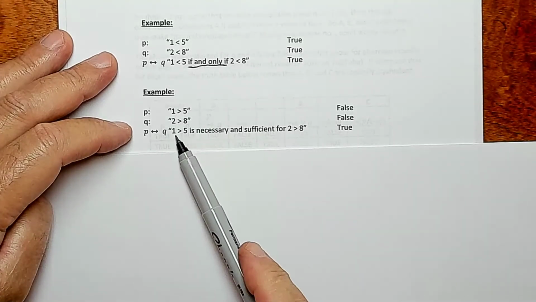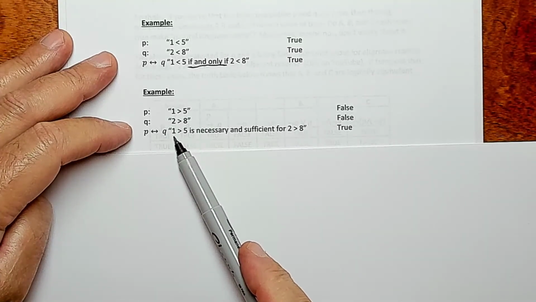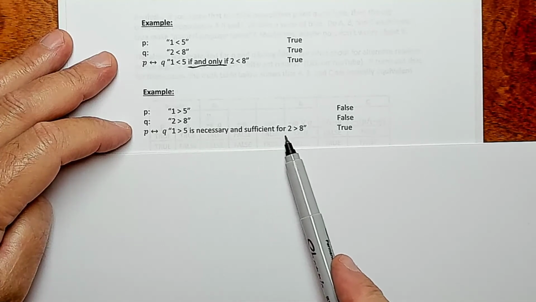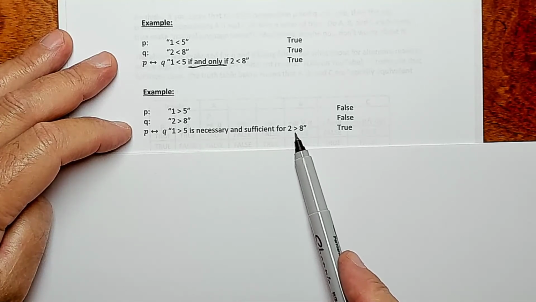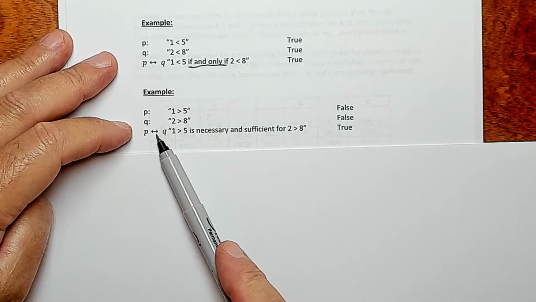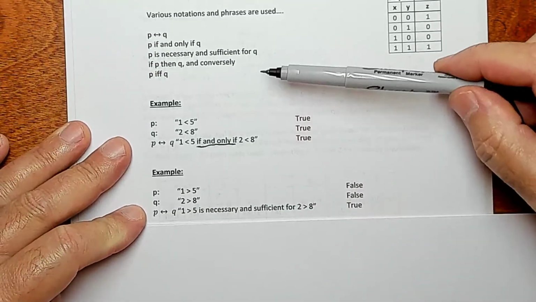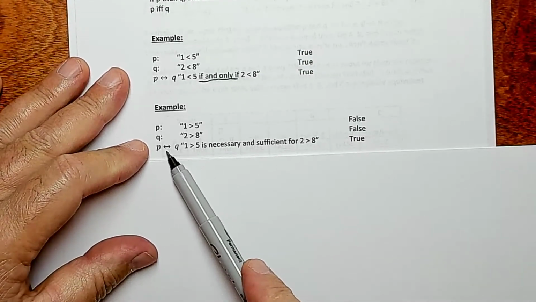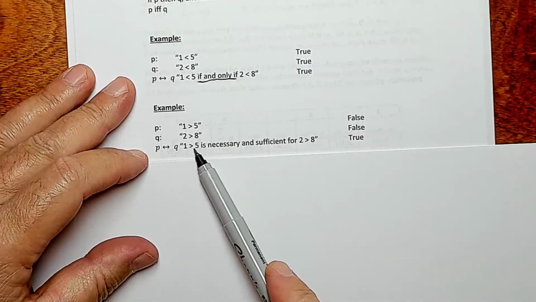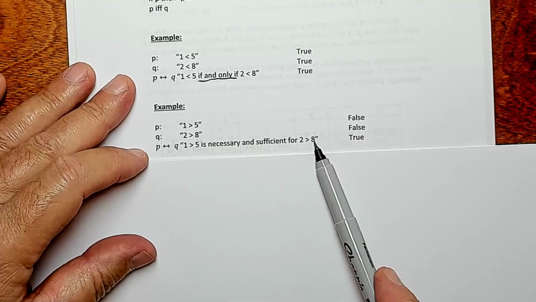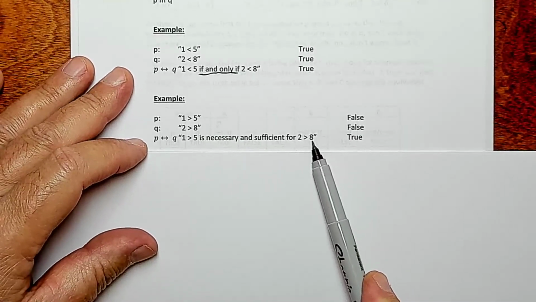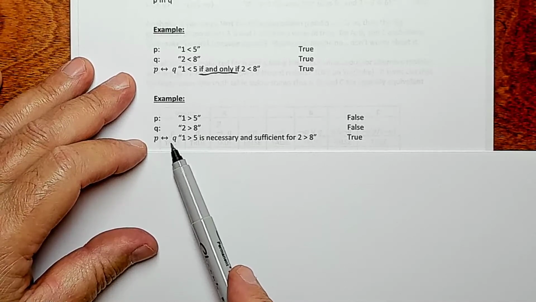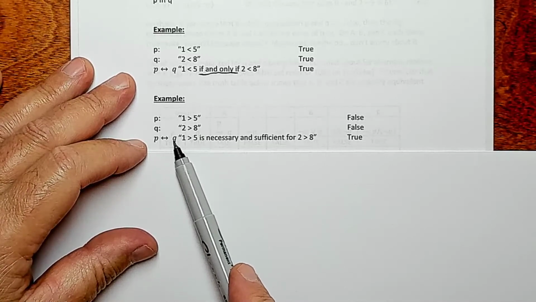So if someone said 1 is greater than 5 is necessary and sufficient for 2 being greater than 8, then they're doing this. So this English statement, according to our rules that Boole laid out for us, is bicondition, and just go with that.